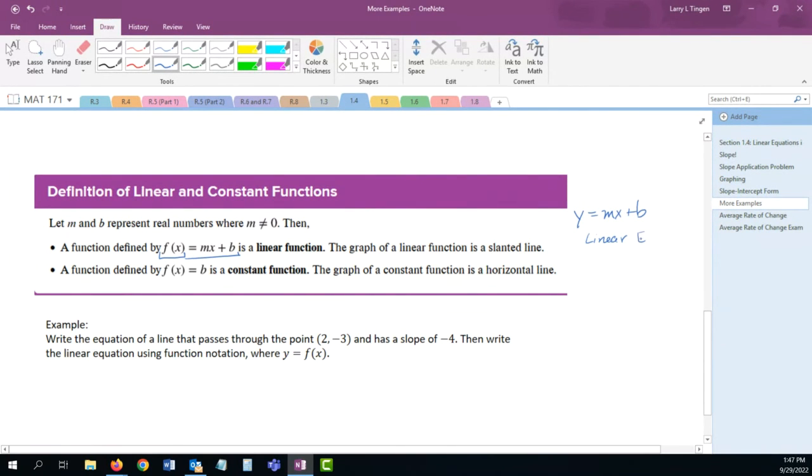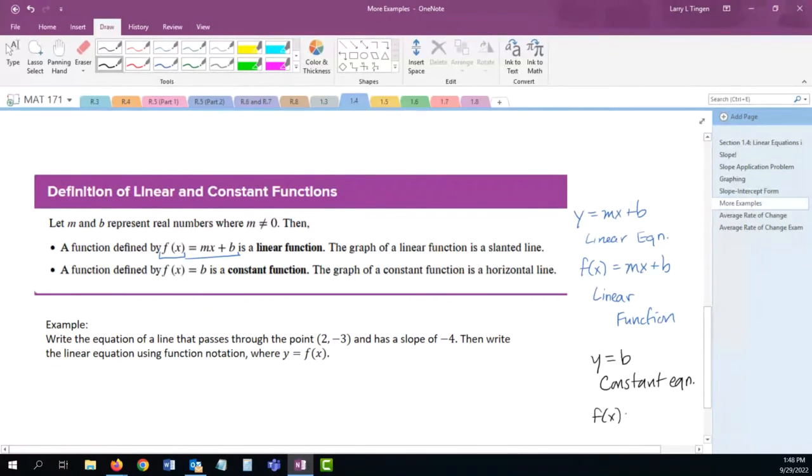Okay, so when you see this, this is a linear equation, and it's the slope-intercept form to be exact. And when you see this, y gets swapped out for mx plus b. Now you have a linear function. Same thing for the constant there. y equals some number. This is a constant equation.